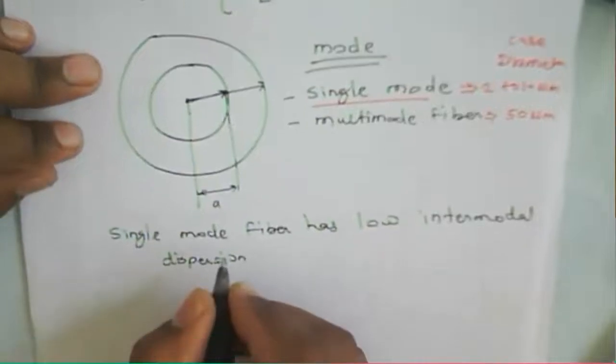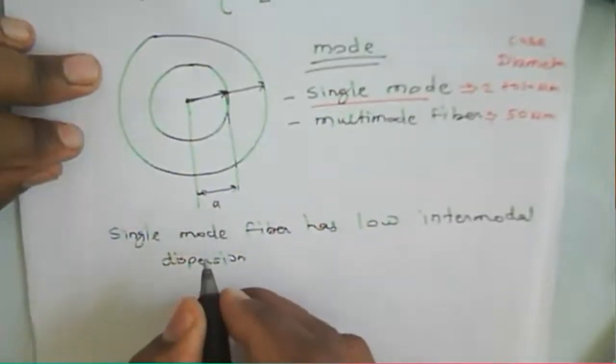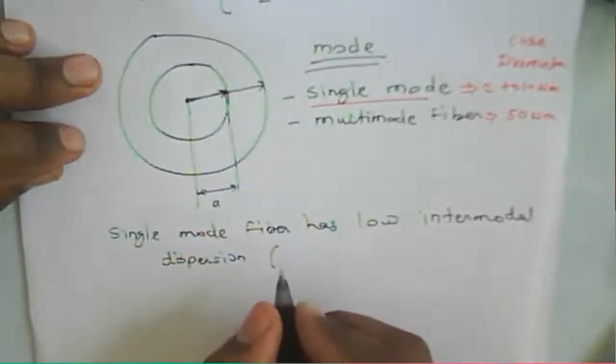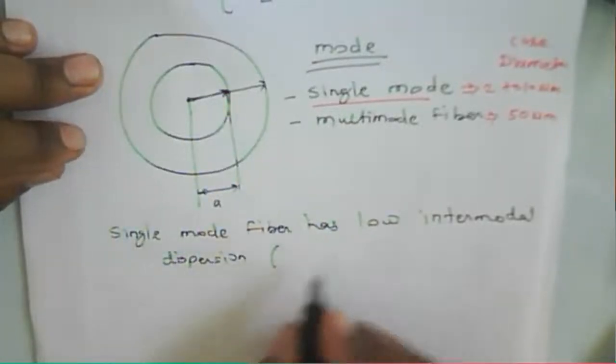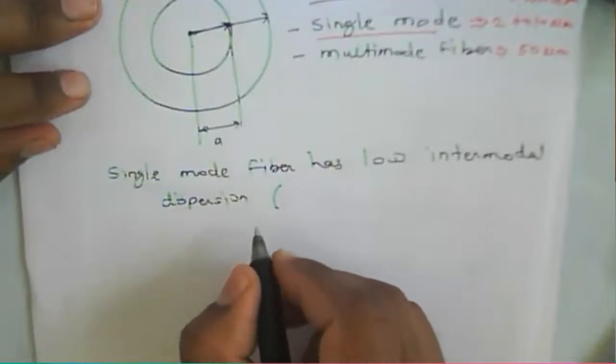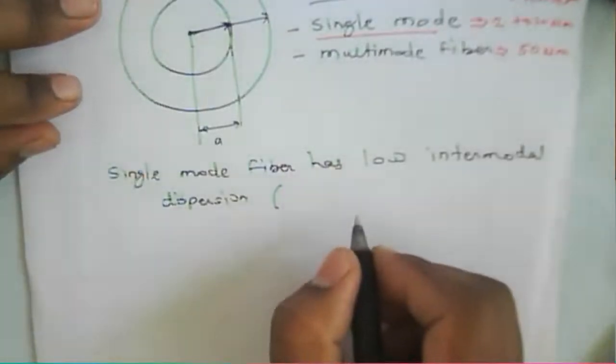Now, what do you mean by this intermodal dispersion? When we are sending the signal from transmitter to the receiver, a pulse broadening takes place.